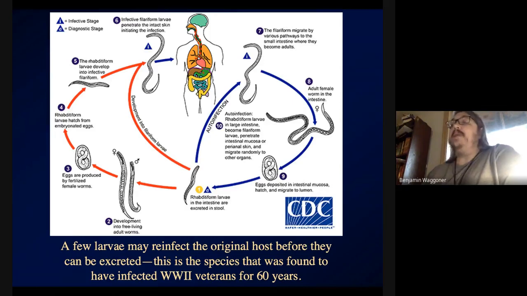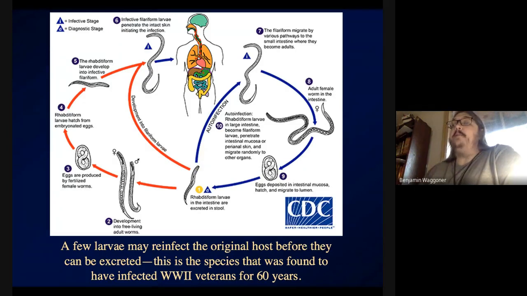So the eggs will hatch into relatively stumpy larvae called rhabditiforms. In autoinfection, the rhabditiforms will transform into filariforms, penetrate the lining of the intestine, migrate to other organs, and some will end up in the small intestine and become adults.